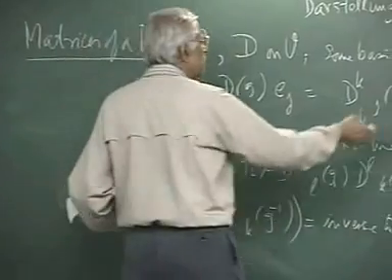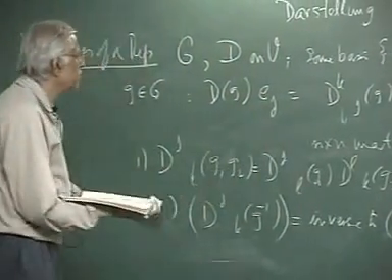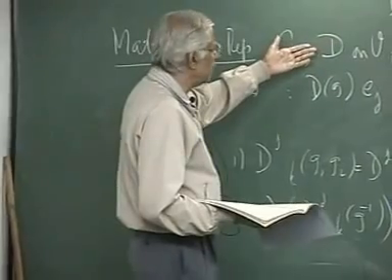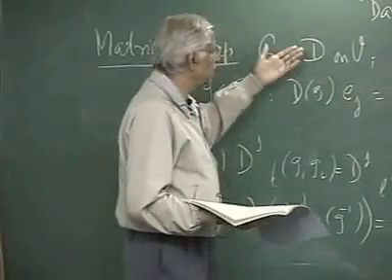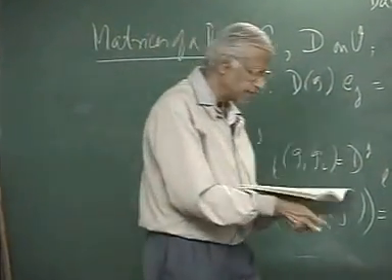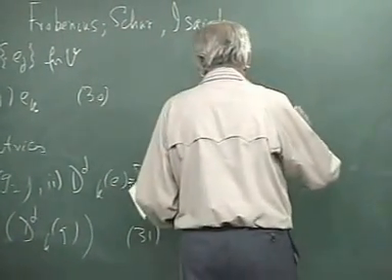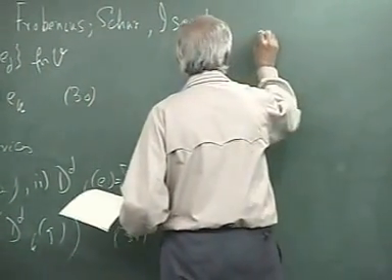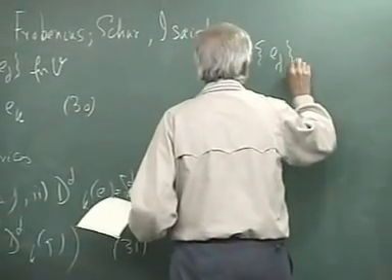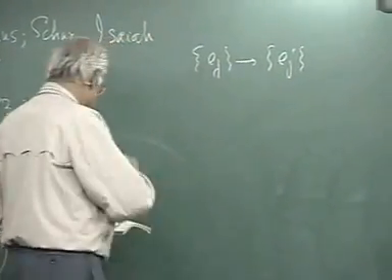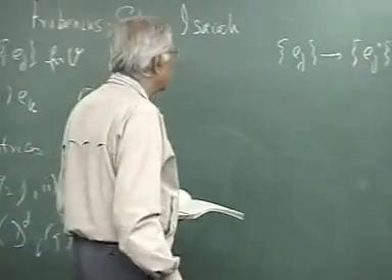Now what happens if you change the basis? You will not say that you are changing the representation, you will say you are only changing the description of the representation. It is like taking a vector in 3 dimensions and rotating the coordinate system. Then you say the vector is the same, but the components have changed. It's a similar principle here.